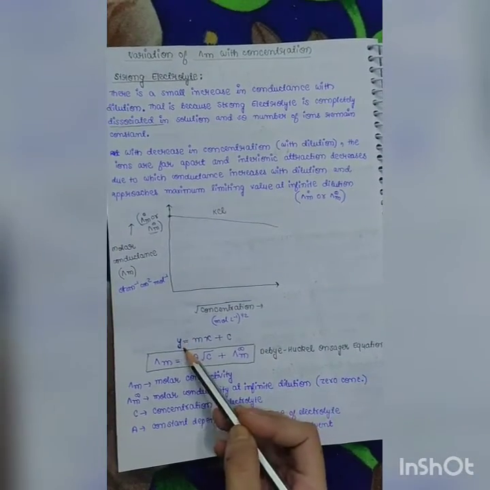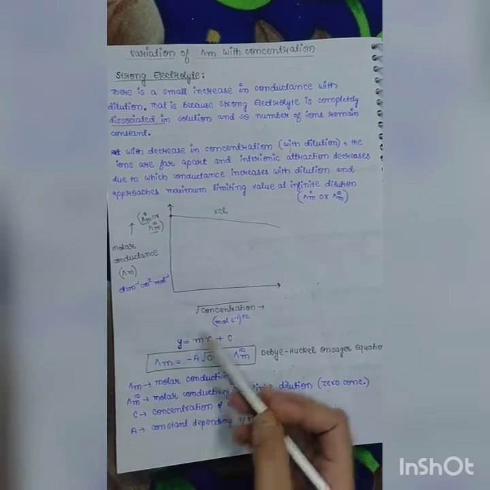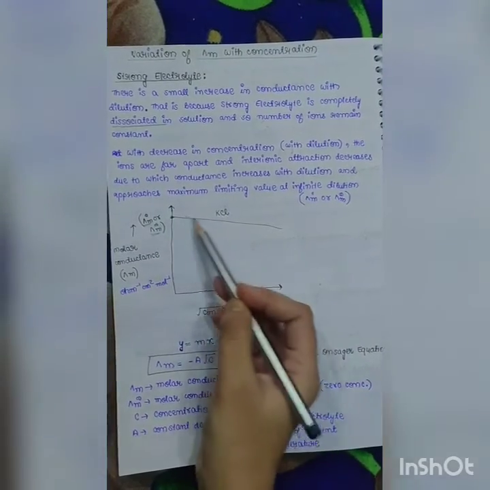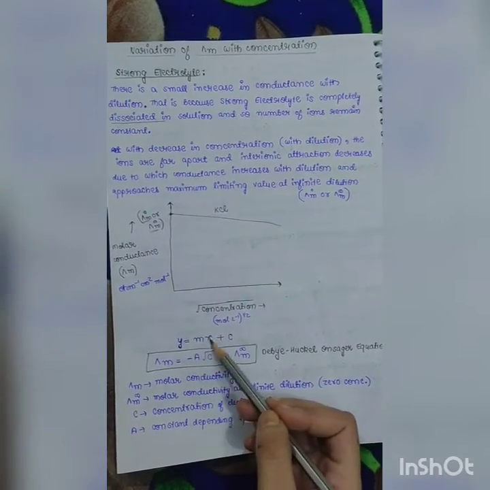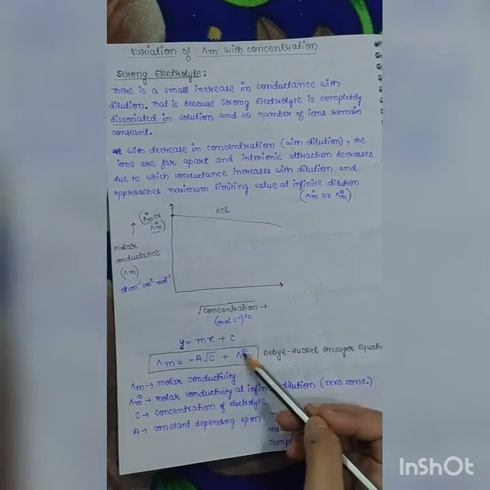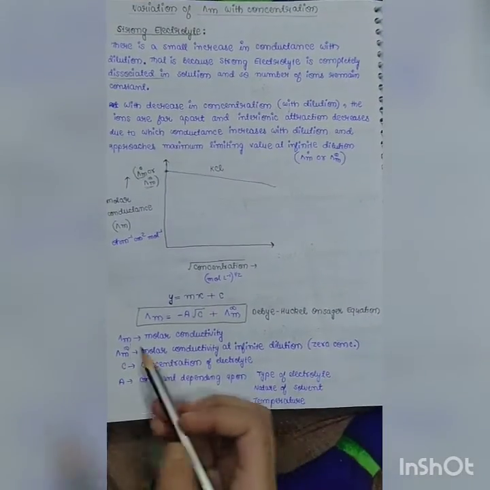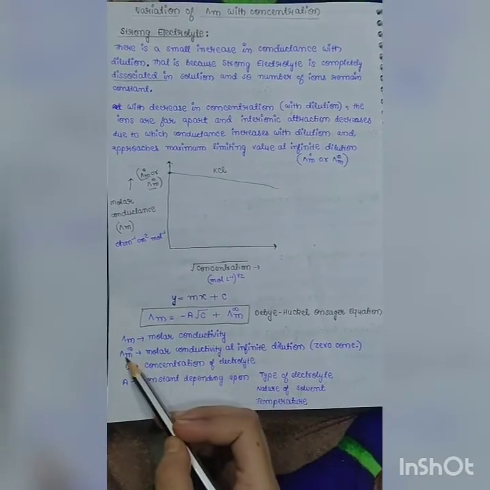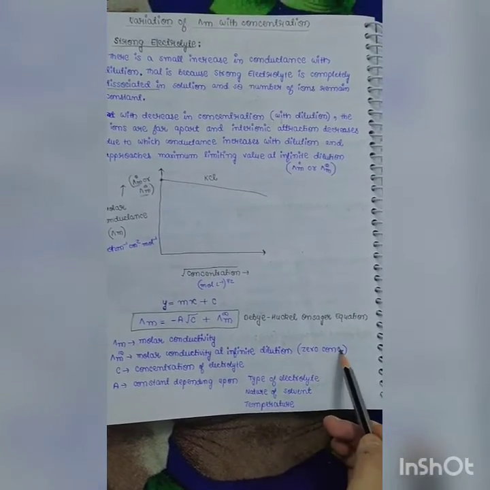What if we write an equation for this? We very well know the equation for a line is y = mx + c. On y we have lambda m, and the slope is negative because it is decreasing, so let us take it as minus A, and on x we have the root of concentration, plus molar conductivity at infinite dilution. So this is molar conductivity, whereas lambda m infinity is molar conductivity at infinite dilution or at 0 concentration.